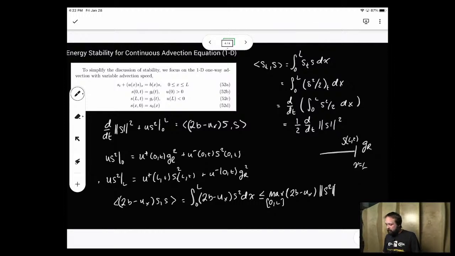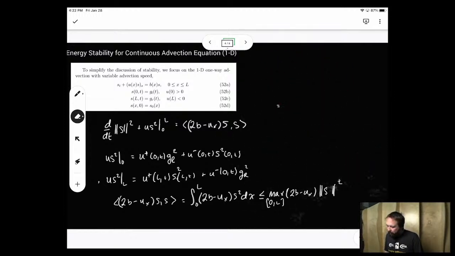the square energy. The reason I want to do that is because now I can have a simple ODE that tells me how the square energy evolves. So that's cool. Let's take a look at what that looks like when I put that in. I'm going to call this term 2 times gamma.